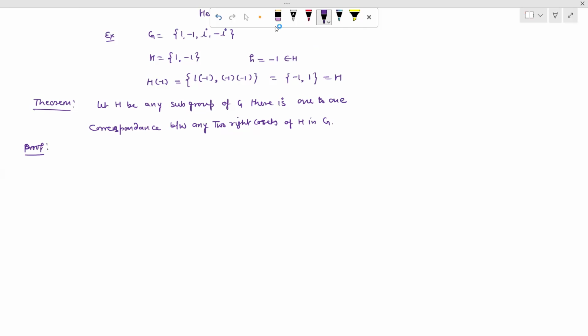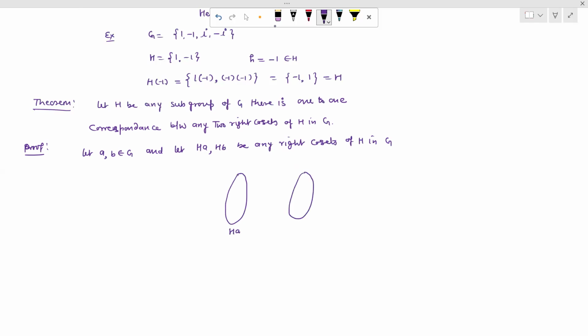For proving this theorem, let a and b be two elements of G, and let Ha and Hb, which belong to G by the definition of right cosets, be any right cosets of H in G. Suppose this is the right coset of a, and this is the right coset of b.